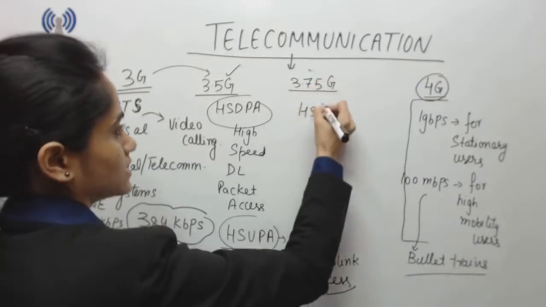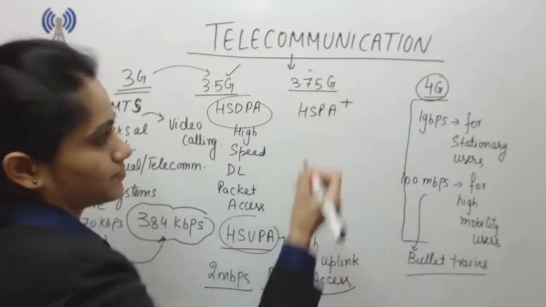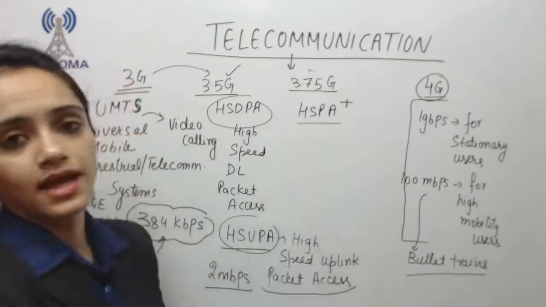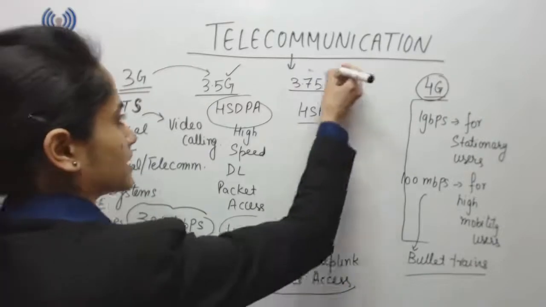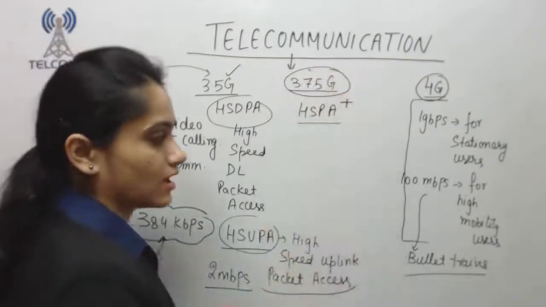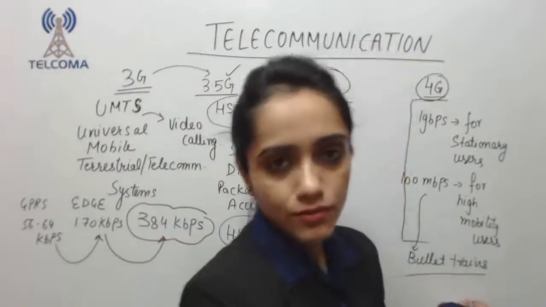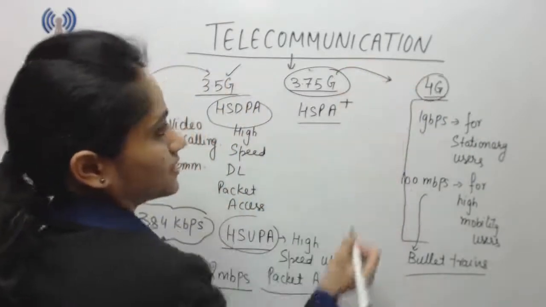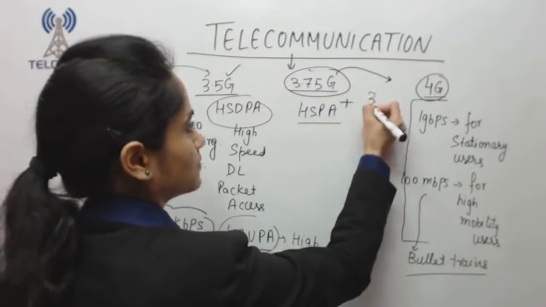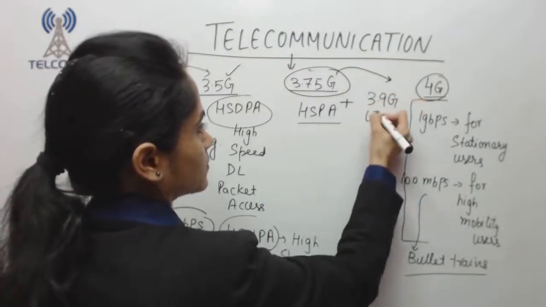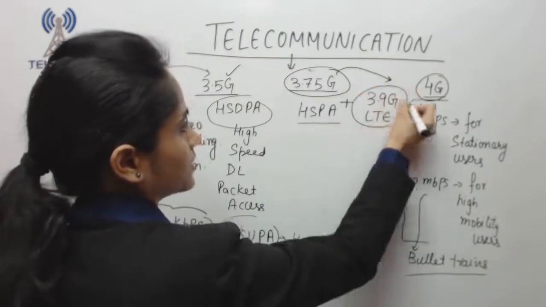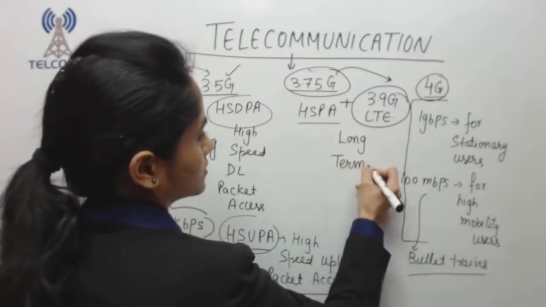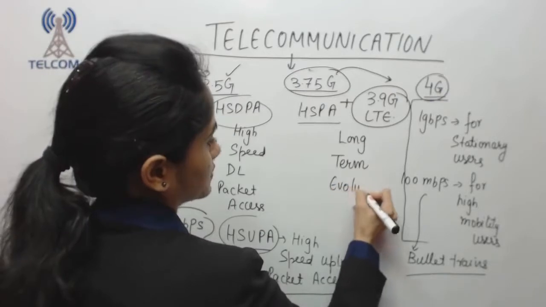After that we move to 3.75G, with the name of HSPA+, where plus represents increased. This is High Speed Packet Access. Now High Speed Packet Access is 3.5G, and after that we require 4th generation. From this we expected that now we will get 4th generation, but we have 3.9G. We call it LTE, where LTE stands for Long Term Evolution.